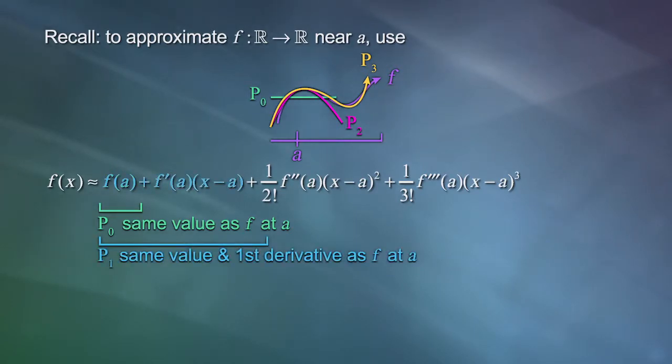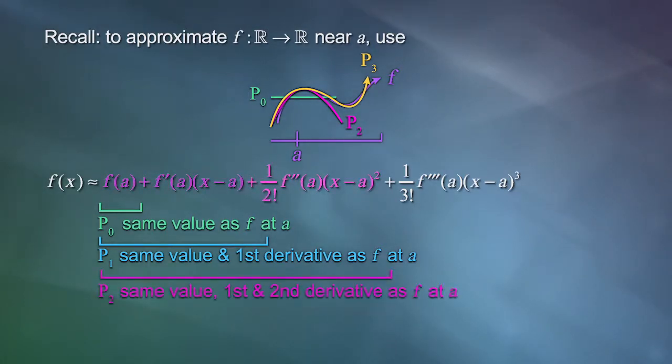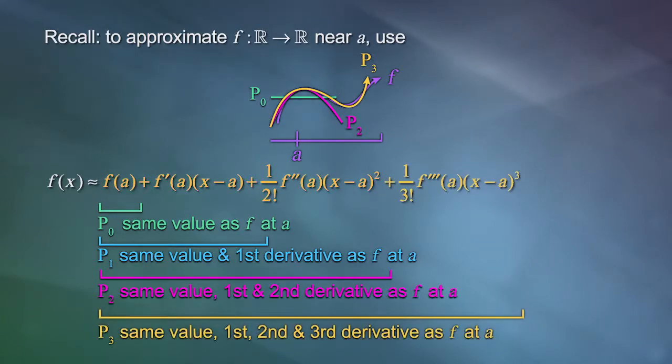If you take 2 terms, you get p1, which is the tangent line function that shares the same value and slope at A. And if you take 3 terms, you get p2, which is the best fitting quadratic that shares the same value, first and second derivatives, with the function f at A. Similarly, taking the first 4 terms gives you p3, a cubic polynomial that shares up through the third derivatives with the function f at the point A.